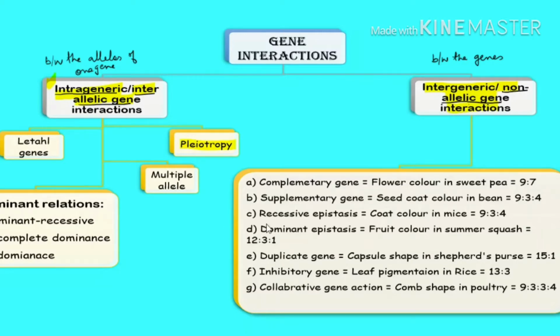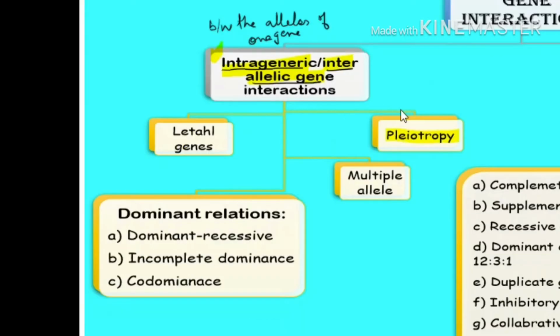So this is a mind map which I have prepared to make your learning easy. Today we'll be understanding what types of interactions there are and what categories are present under them. Now see, in the intra-allelic gene interaction, one is pleiotropy.